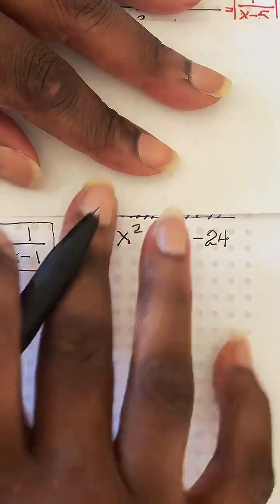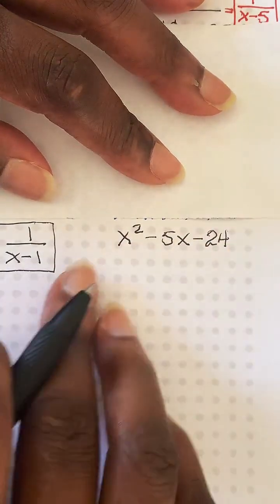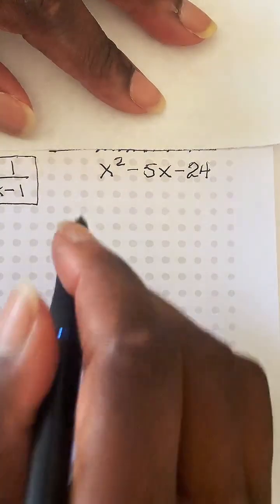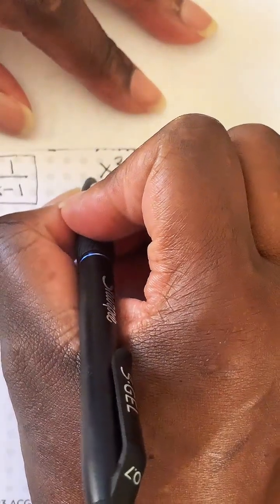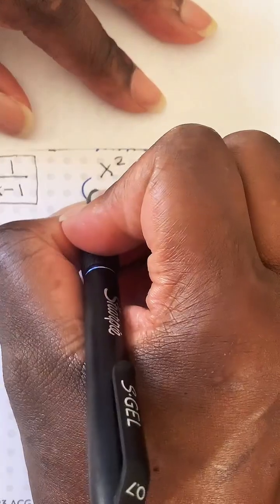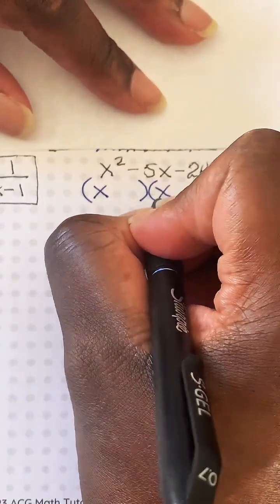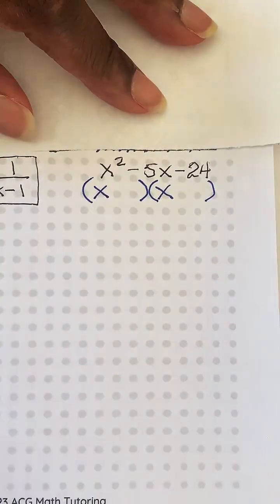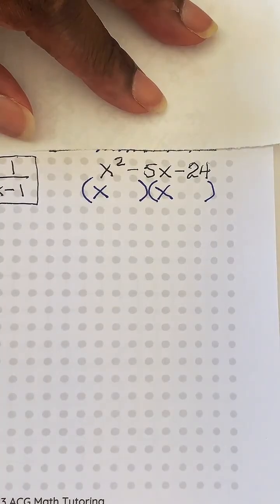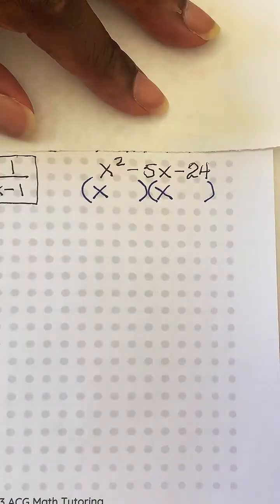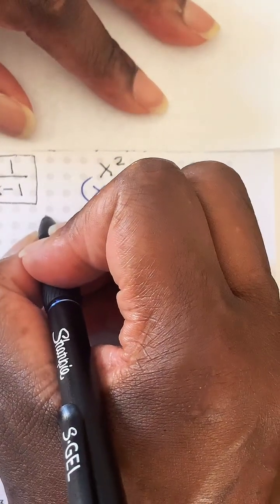I like to hide things after I do things because it helps me focus. So now we have, again, our two sets of parentheses, and we can split our x's because my leading coefficient is a 1. If it's not a 1, we have to do something else, and I'll show you about that. So now we have to do our cross. I'm going to stick it over here.